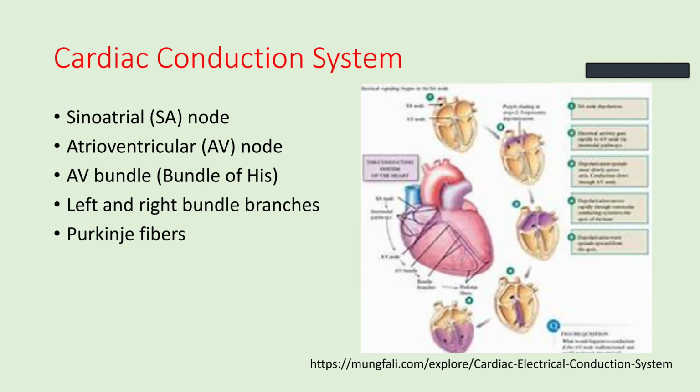Purkinje fibers are specialized nerve cells that play a key role in your heart's conduction system. They send electrical signals to the heart's ventricles, causing them to contract and pump blood throughout your body.